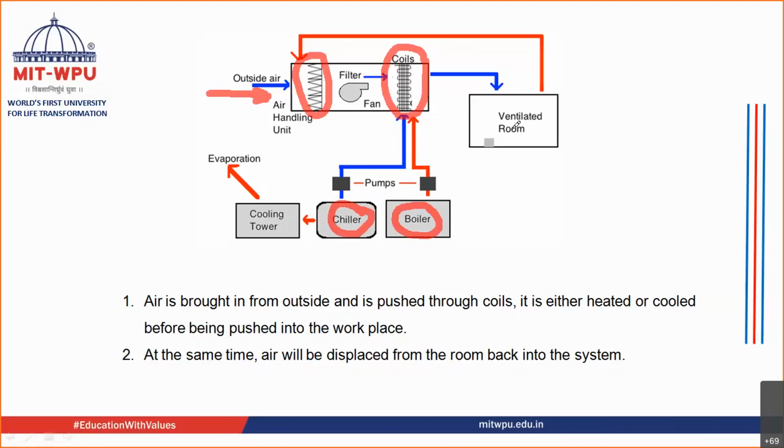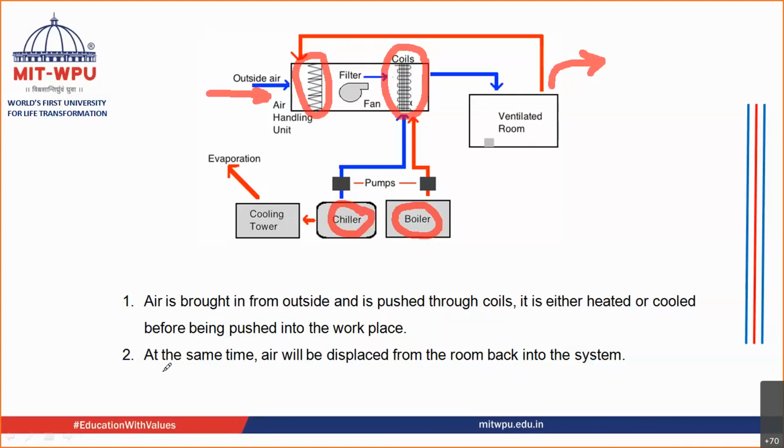Whatever air is present over here is removed with the help of the exhaust, and it can be either thrown out, that is also possible, or this air is recirculated inside the HVAC. Again it enters along with the outside air, it gets filtered. After filtering, it passes through the coil and it again goes inside the clean room, and this circulation goes on, whereby because of this unit, the quality of air is maintained inside the room.